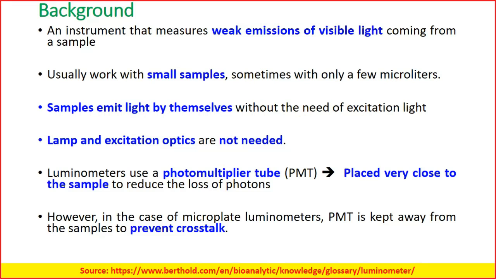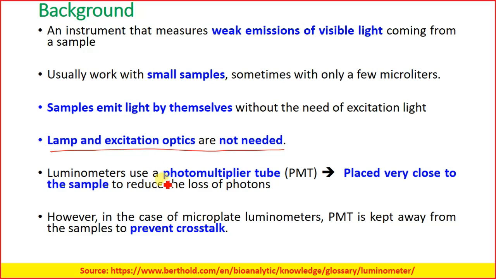In our last class, we were discussing luminometry, and we have seen that when we work with luminescence and want to find out the luminescence, the lamp and the excitation optics are not needed.